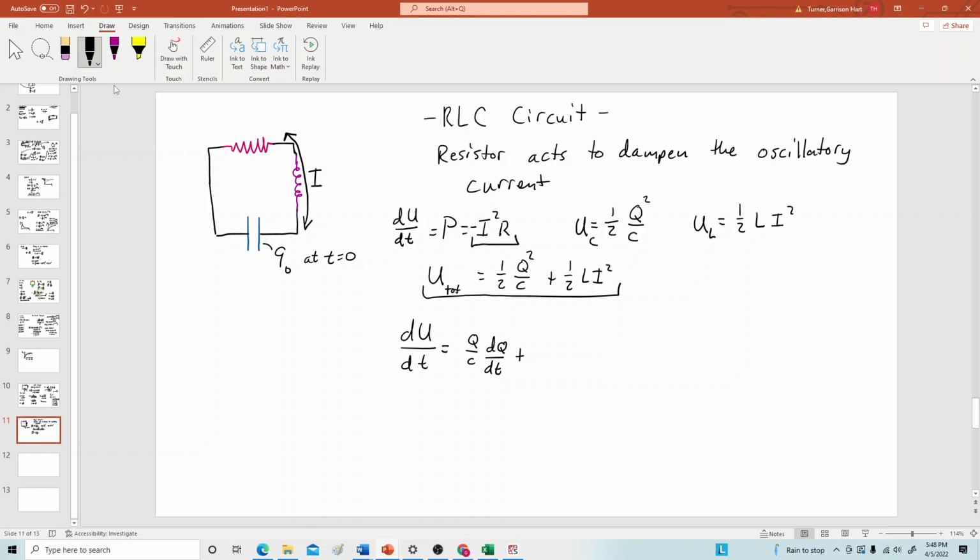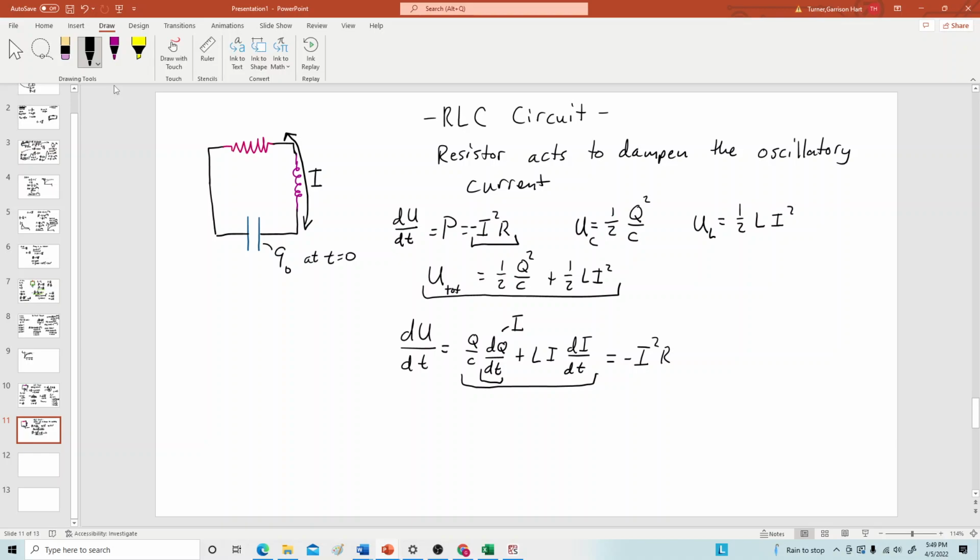The 2 comes down, cancels with the 1/2, and I would have Li di dt. But remember that dq dt is the current, so this is I. So the power delivered by the circuit elements has to equal the power dissipated by the resistor.